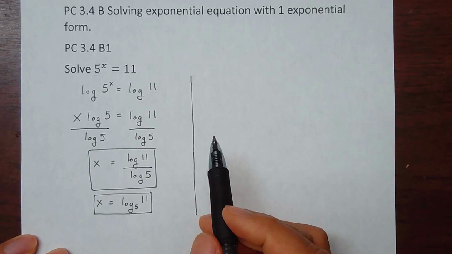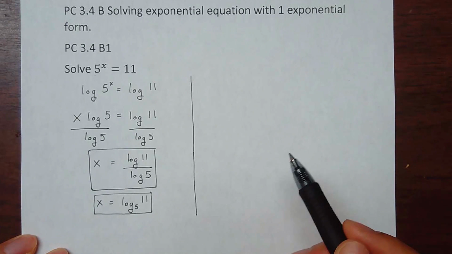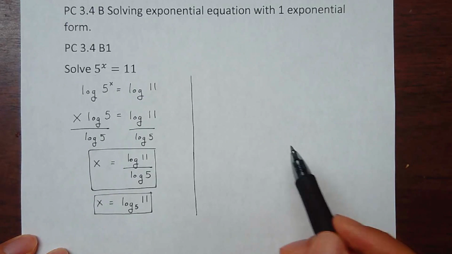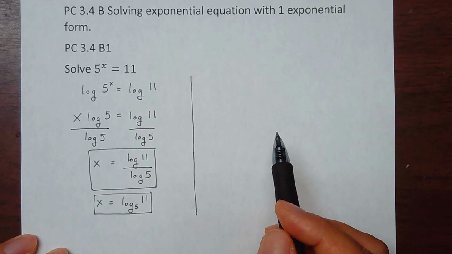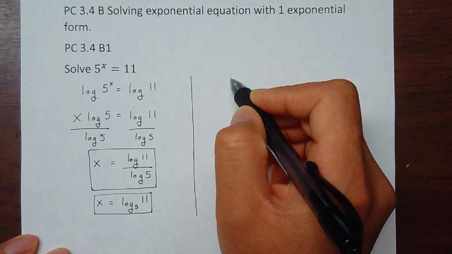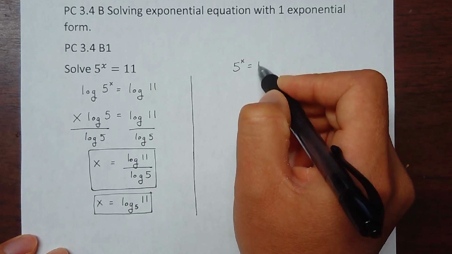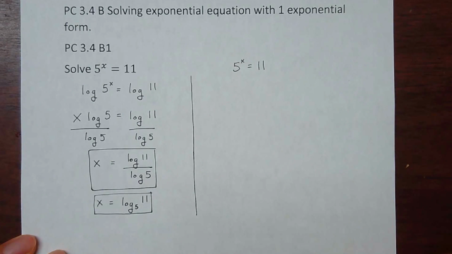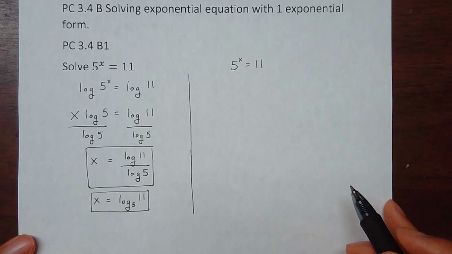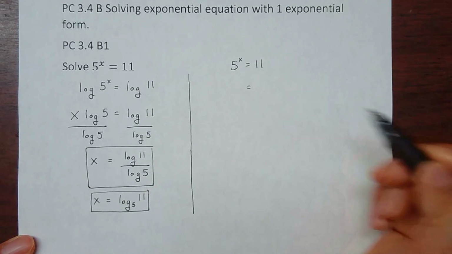Taking log on both sides would work very nicely, even though they have two different exponential functions. So this is a pretty good way to deal with it. Another way to deal with this one is, since we have only one exponential form, you can just convert it using logarithmic form.